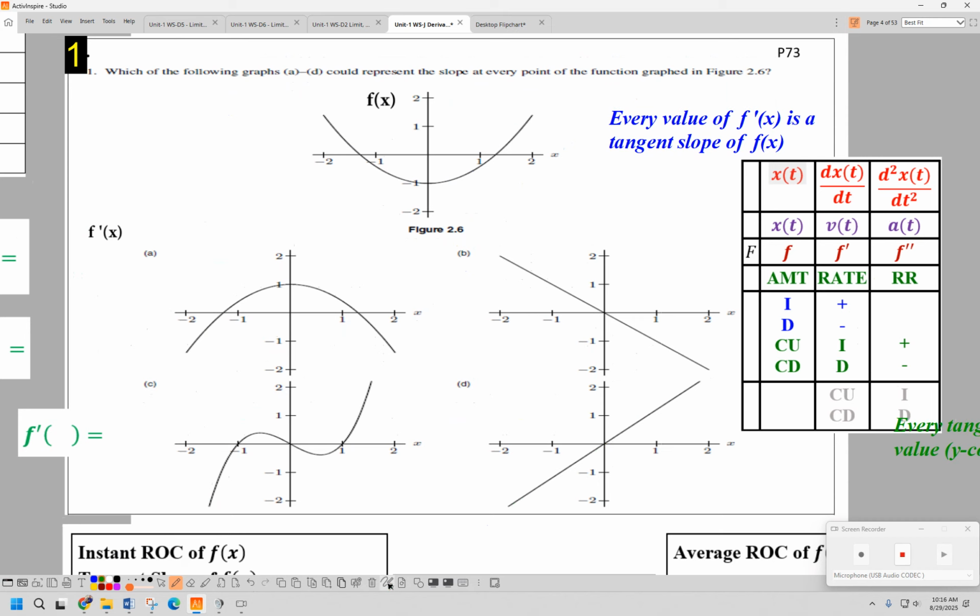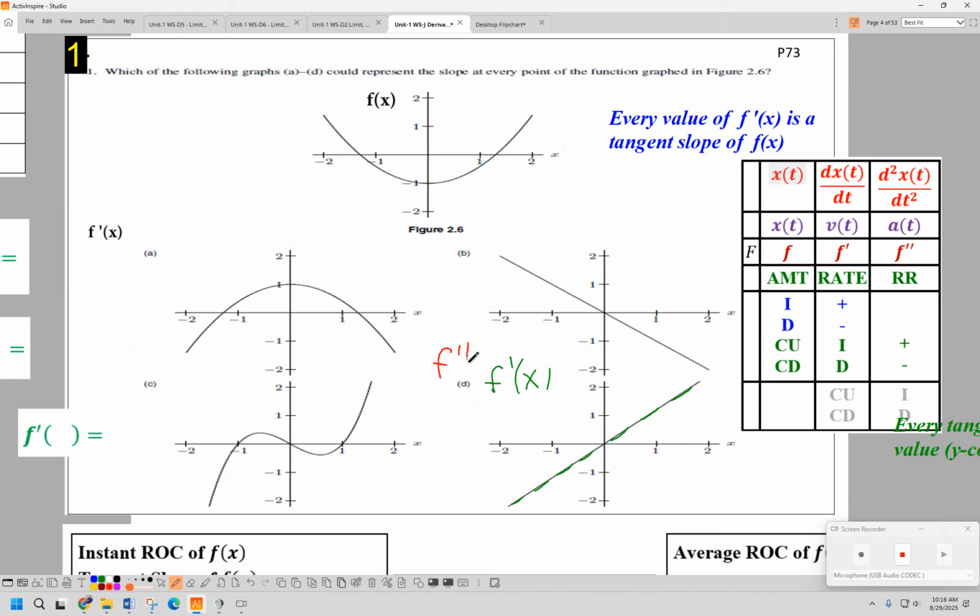Okay, so the way the chart works again is, if you see here's f prime, and we see that all slopes of f prime are the same, that means if we were trying to draw f double prime, the graph of f double prime would look something like this.